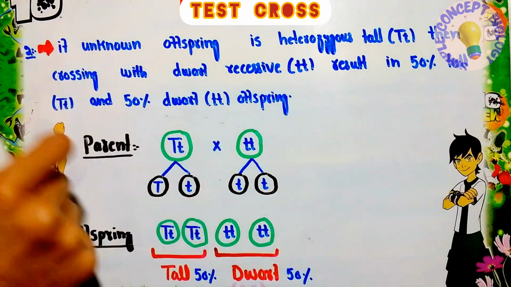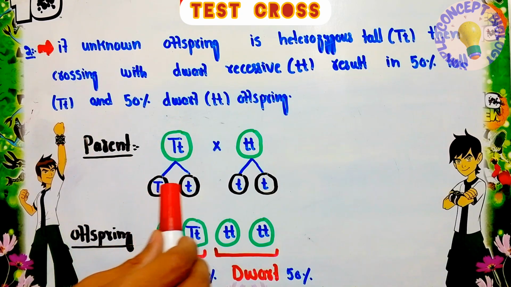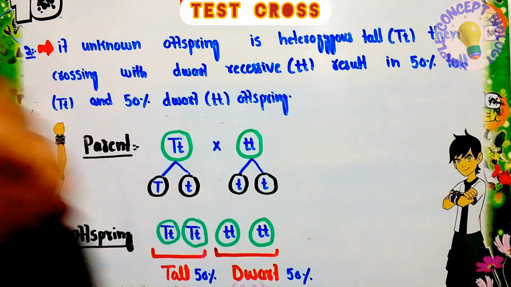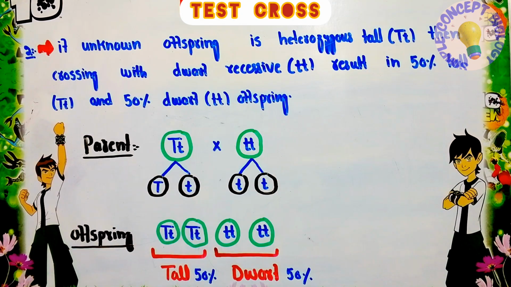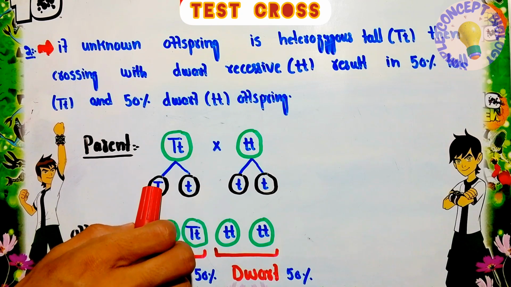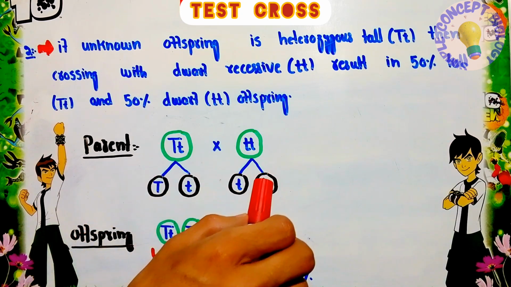After this the gamete formation occurs. This is the first gamete, and the second gamete; here also gamete formation occurs. Now we cross these gametes and finally we get the offspring. We take capital T with small t, one offspring, and the second one is also capital T with small t.